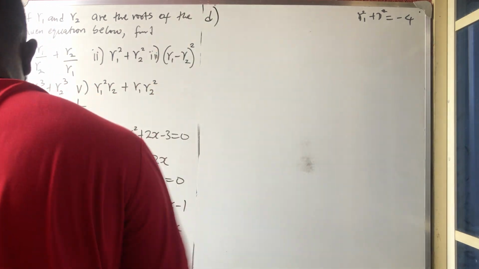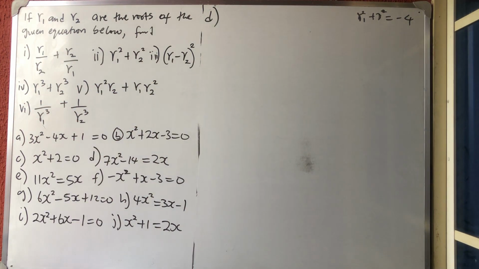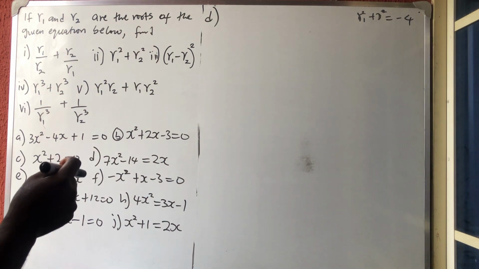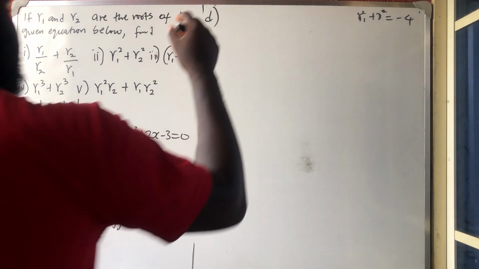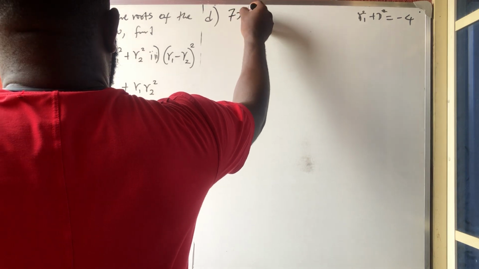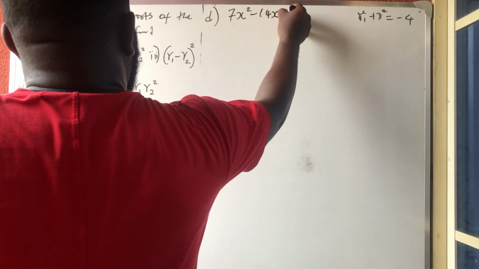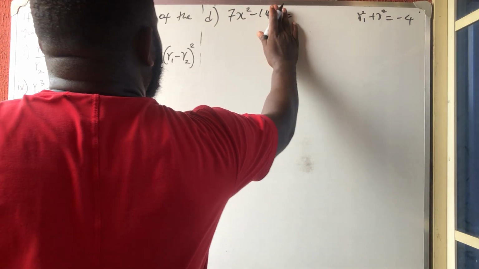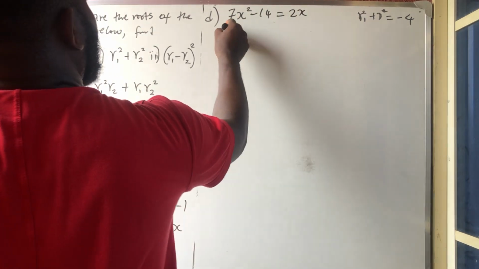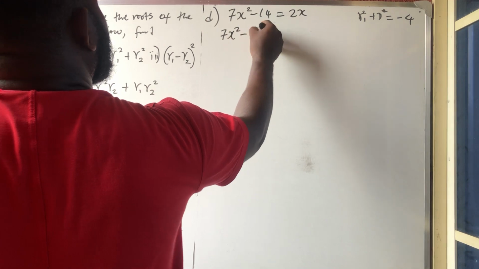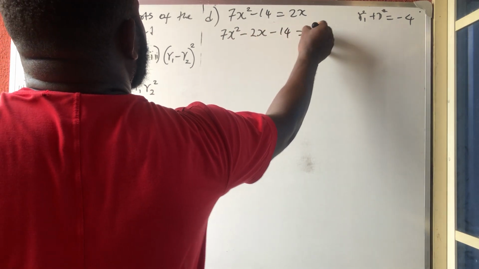So for D, D said that what? 7x squared minus 14 is equal to 2x. So arrange it very well to have 7x squared minus 2x minus 14 is equal to 0.